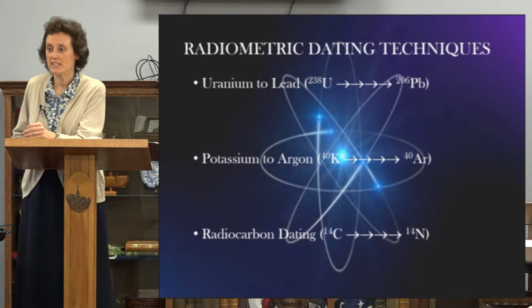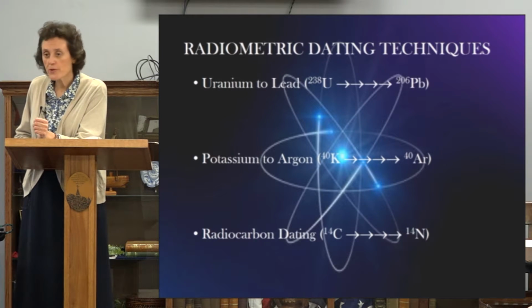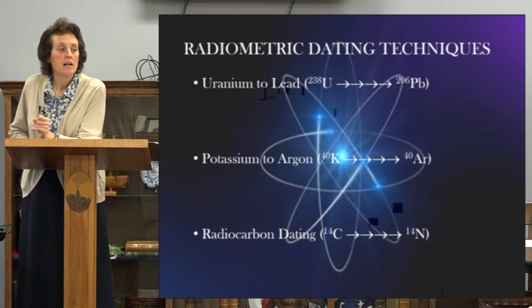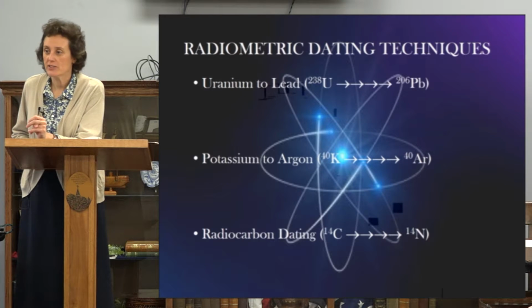All right, so we have 3 radiometric dating techniques that I want to review and talk about in more detail. The first is uranium to lead. There are at least 2 unstable uranium isotopes, uranium-235 and uranium-238.